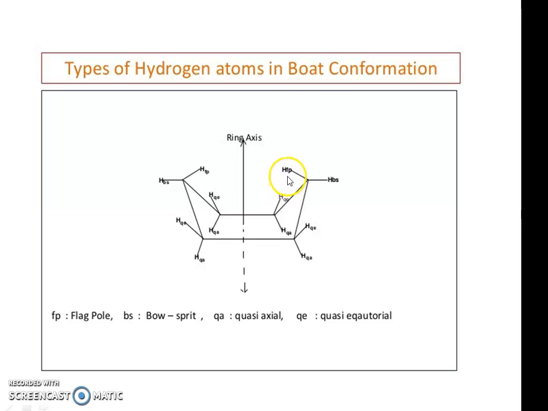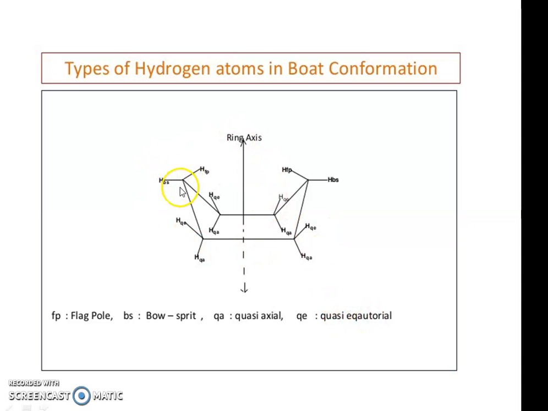So if I am pointing at a hydrogen atom here, this is a flagpole hydrogen, and if it is written with BS, say this hydrogen is written with BS, that is a bowsprit. This is flagpole and this is bowsprit. And where it is written with QA, say for example this hydrogen, that is quasi-axial, and one more is QE, this is QE, that is quasi-equatorial.